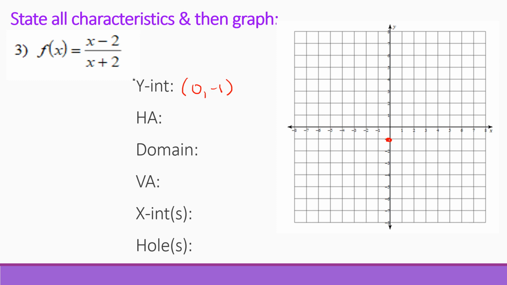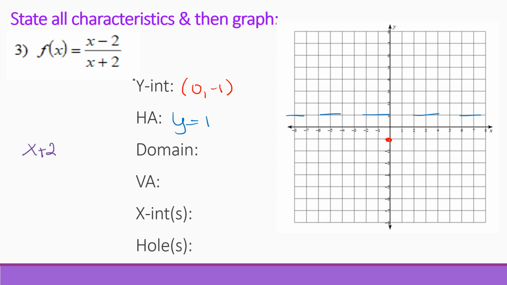I'm looking at the leading coefficients because the greatest degree in the numerator is x to the first and in the denominator as well. So I'm just going to take those leading coefficients, 1 over 1 equals 1. So my horizontal asymptote is y equals 1. And you'll notice as I determine something, I go ahead and graph it. Now I'm going to check the domain. Domain is everything in the denominator.